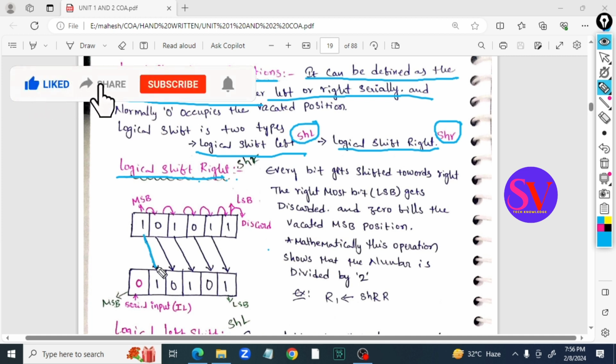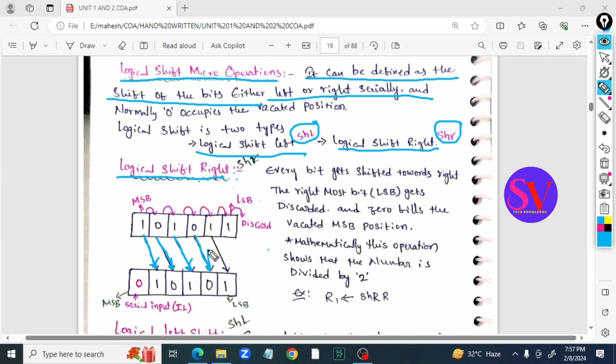This 1 will be placed here, this 0 will be placed here, this 1 here, this 0 here, and this 1 here. In the shift right operation, the LSB will be discarded, and the MSB will be filled with 0. We call it serial input.